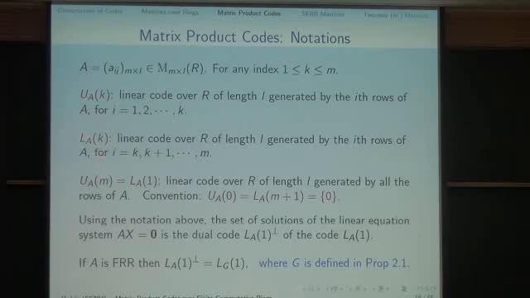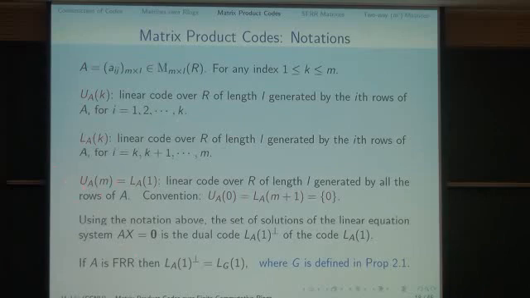And here L_A(K) denotes the linear code generated by the i-th rows for i equals K plus 1 to M. For example, if K equals 1, we take all the rows of A except the first, and if K is 2, that is from the third row to the bottom, these rows generate the linear code.